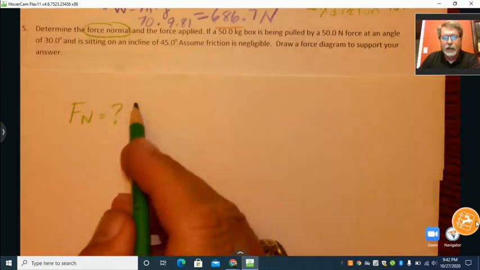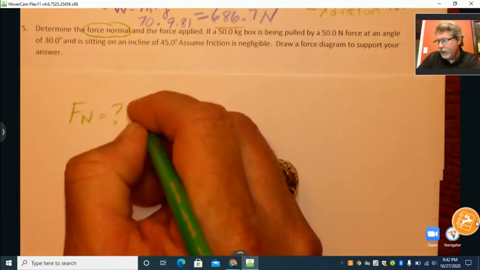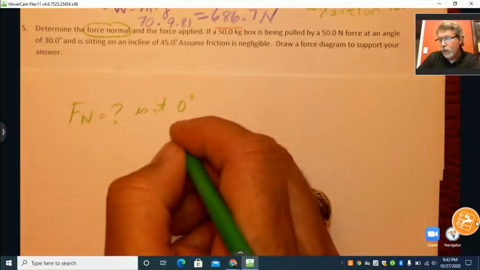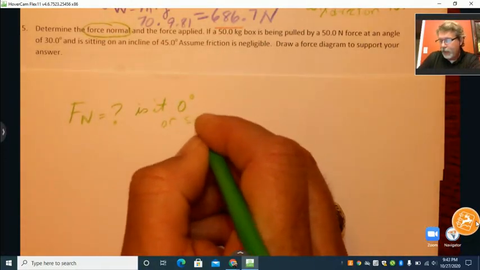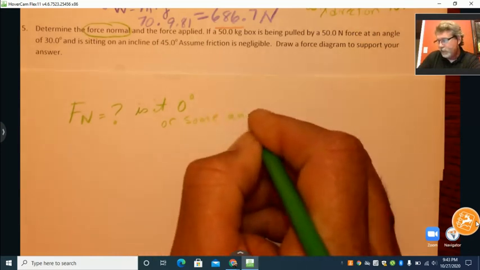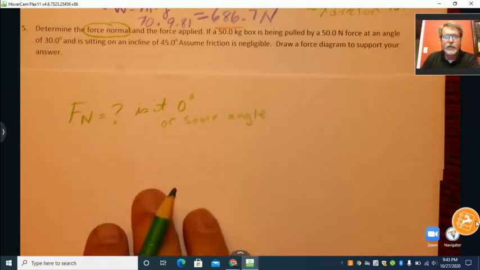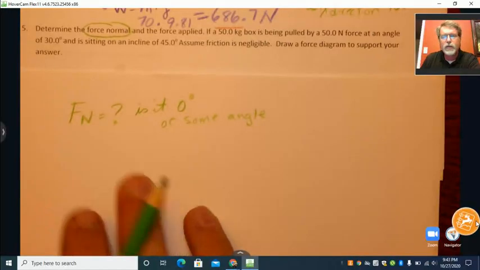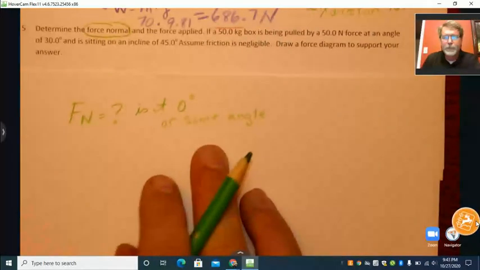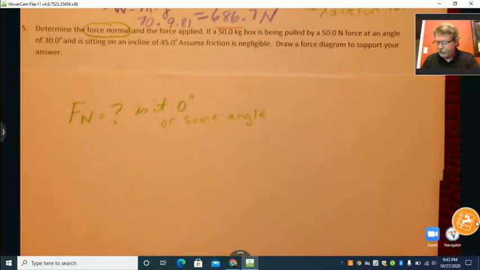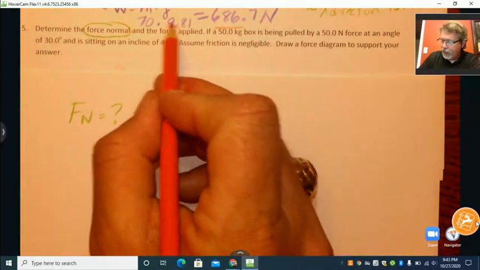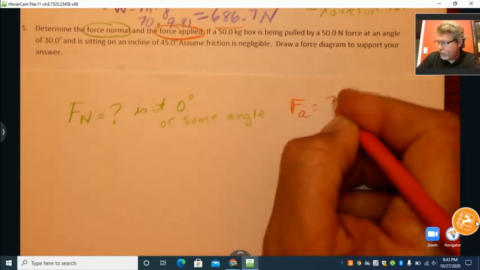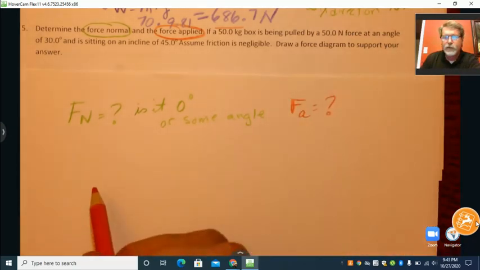And I need to think about, is it 0 degrees or some angle? Because that changes my original thought process, how to solve this problem, okay? So let's keep that in mind. We'll come back and answer that. We also want to know what force is applied, okay? So force applied equals question mark, and force normal is question mark.